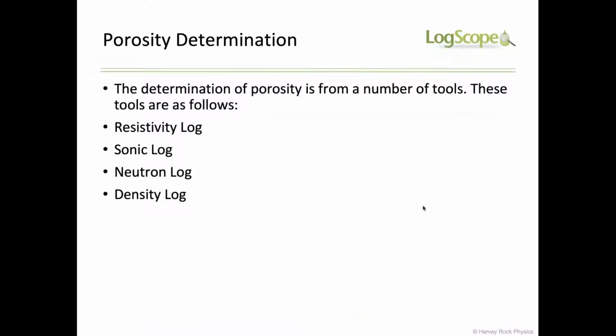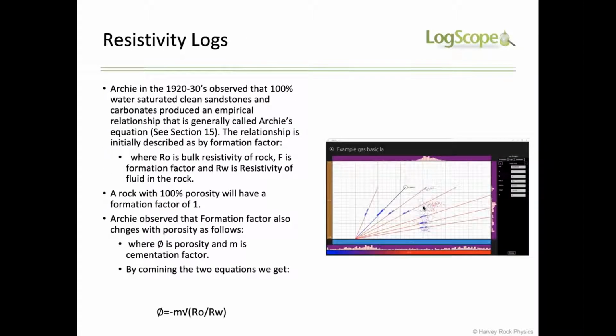The porosity is determined from a number of tools, and these are resistivity, sonic, neutron, and density log. Archie in the 1920s and the 30s, before he wrote his paper in 1945-46, observed that 100% water-saturated clean sandstones and carbonates produced an empirical relationship, which we know as Archie's today.